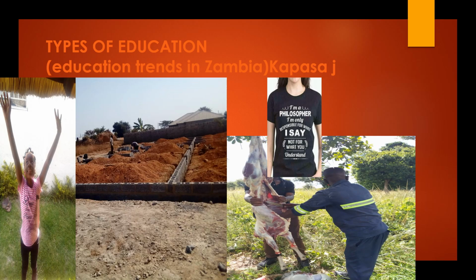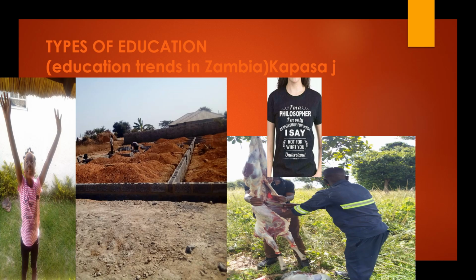What that implies is that education elevates one from their social status to a higher social status, which can make them function productively in society. Those are some of the objectives of education.